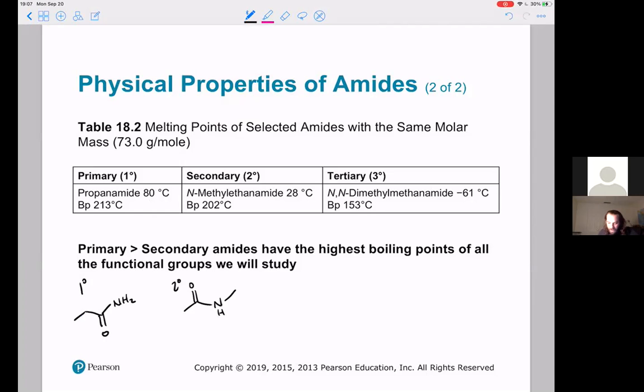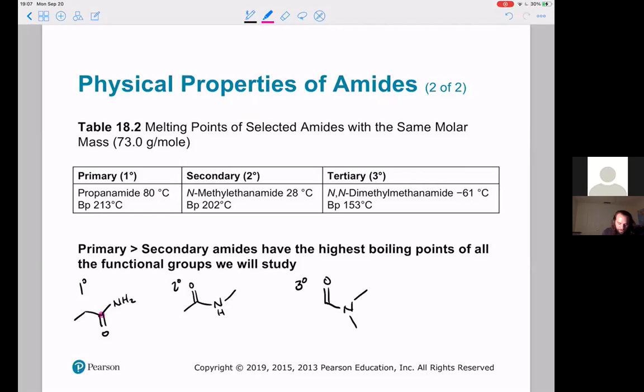And N,N-dimethylmethanamide, this would be 1 carbon attached to the nitrogen that's then attached to 2 other carbons. And this would be a tertiary amide. So again, you're talking about how many carbons the nitrogen is bound to.